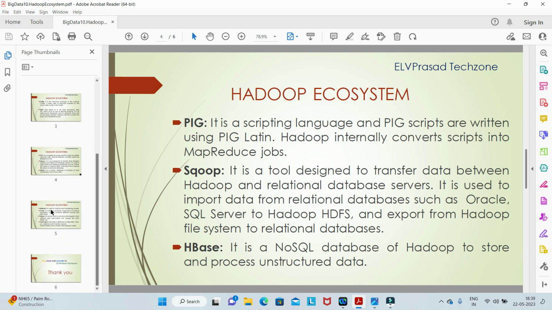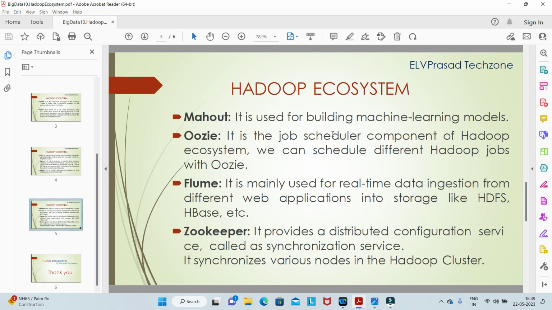Mahout is for designing machine learning pipelines. This is for ML, and Oozie is for the scheduler.